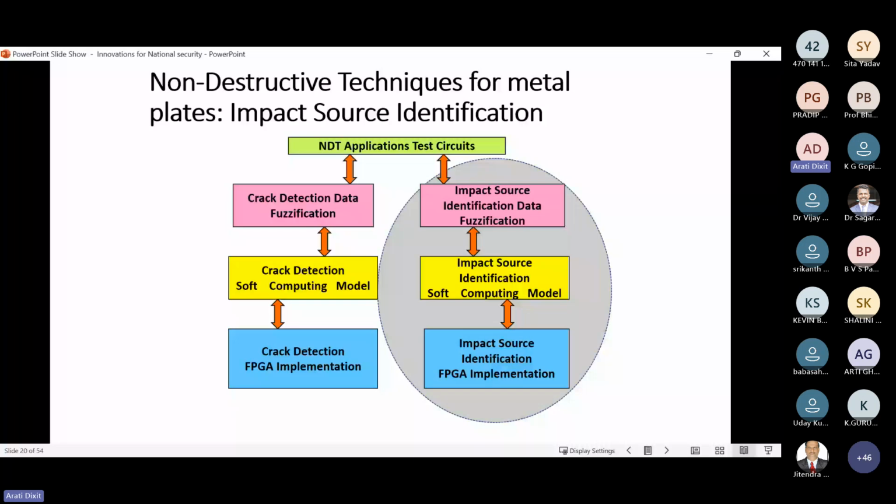And some cracks are developed on the body of these metal plates. So now, can we really find out what was the source of impact? First problem, whether there is a crack already there. And second problem, what if there is a crack, then what can possibly be the source of impact?